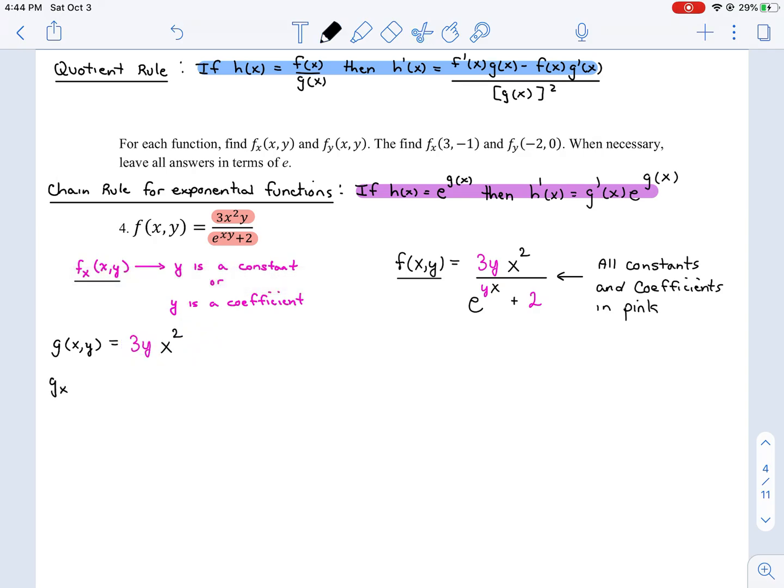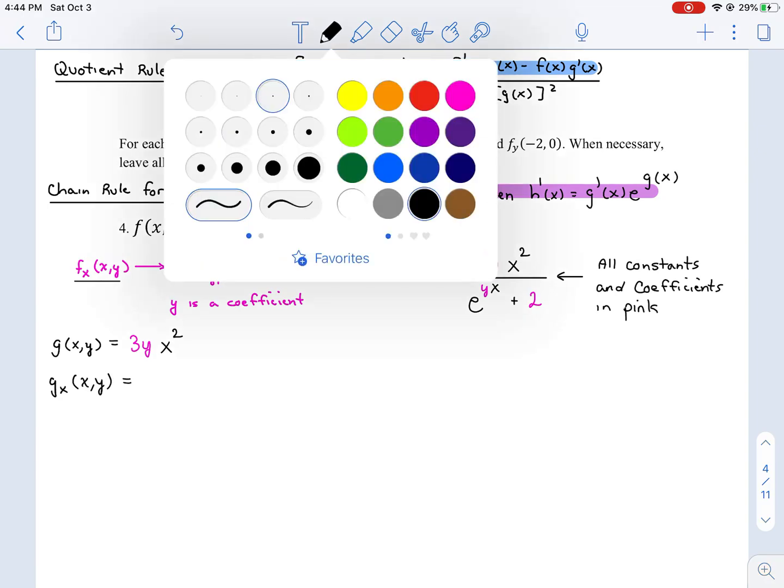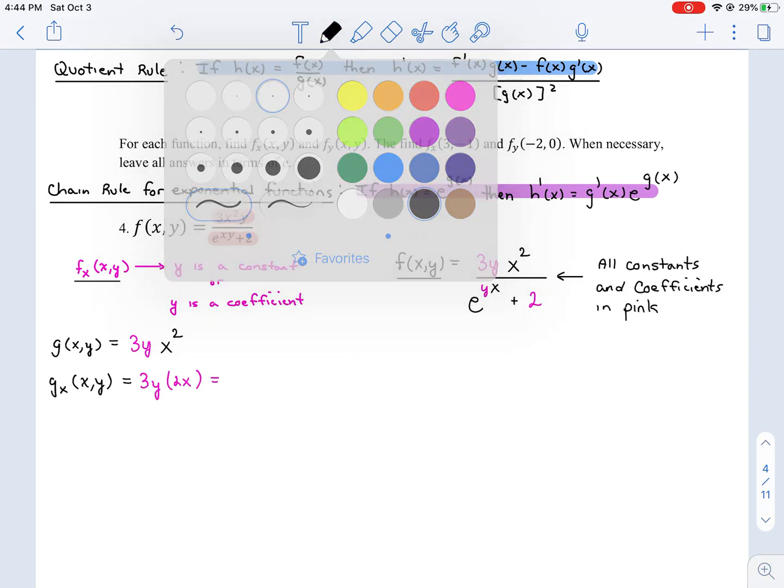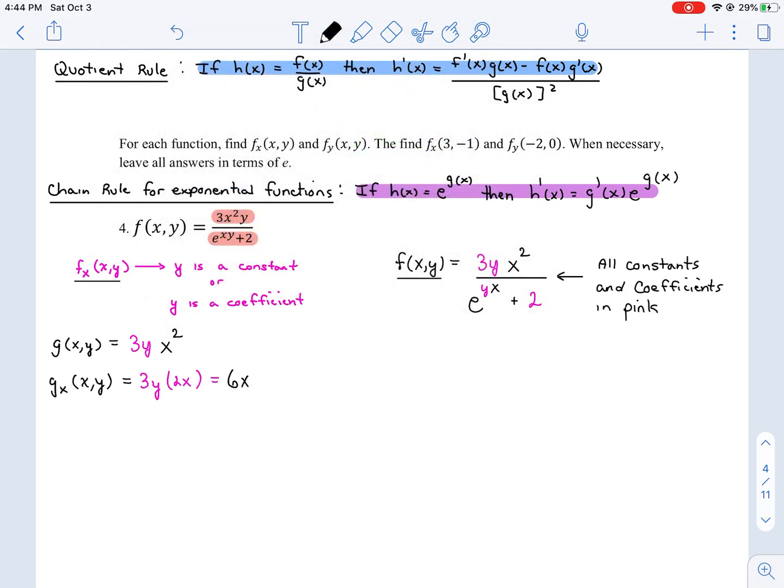And the partial derivative with respect to x of the numerator is 3y times 2x. So that is going to equal 6xy.